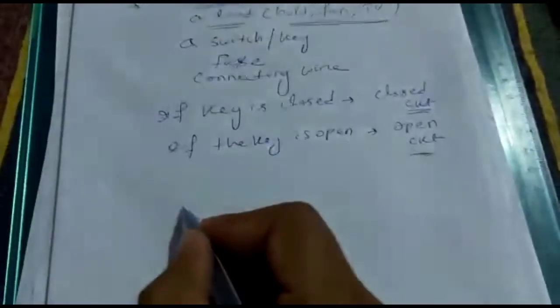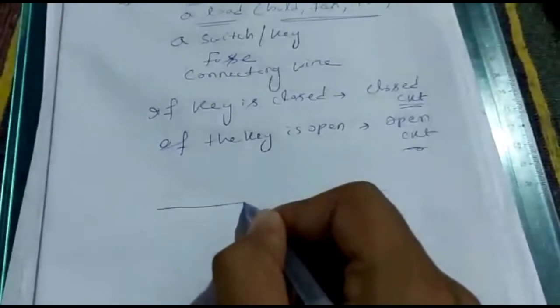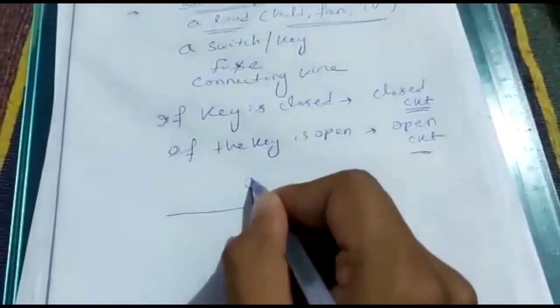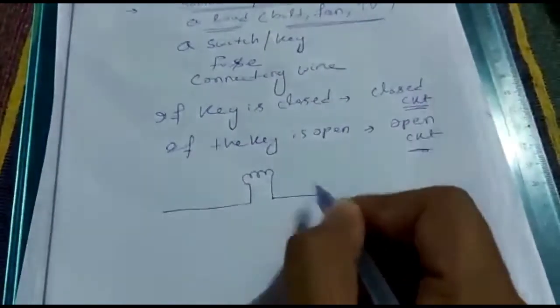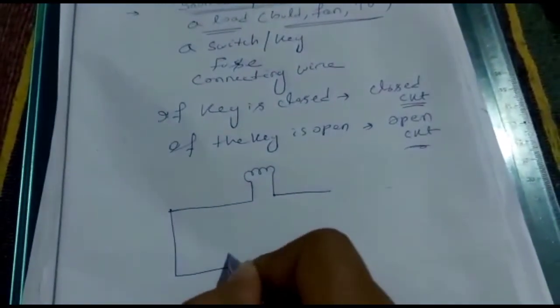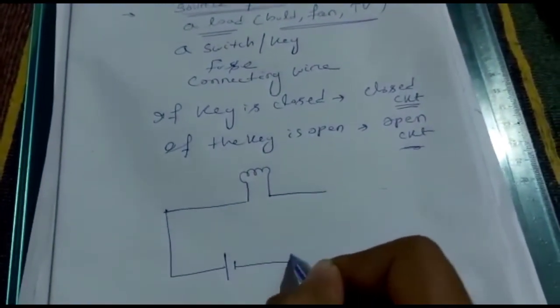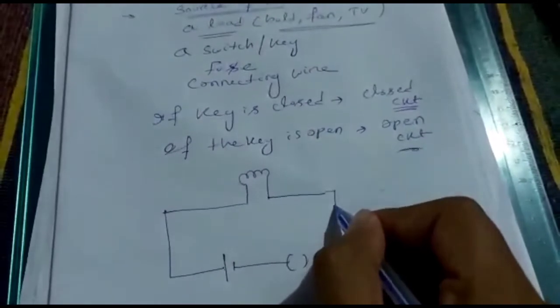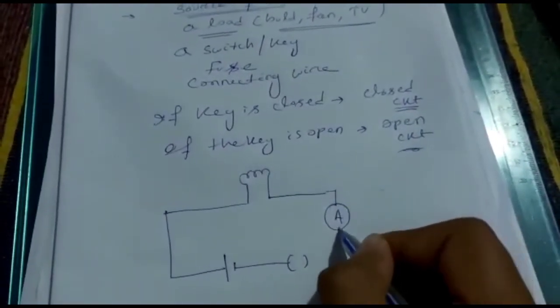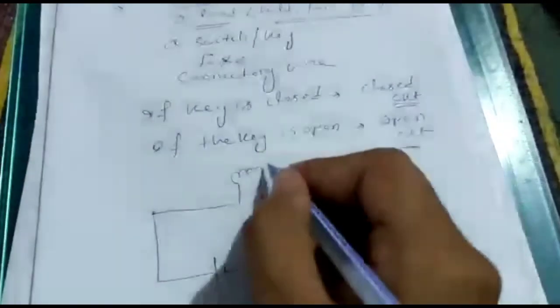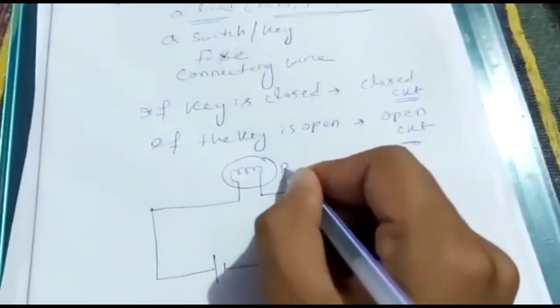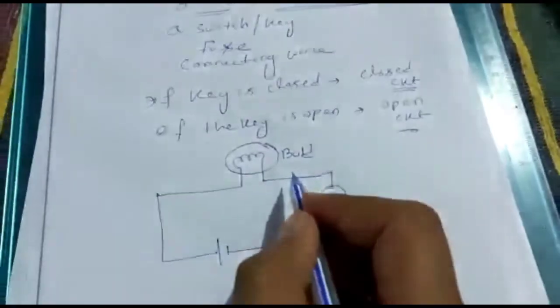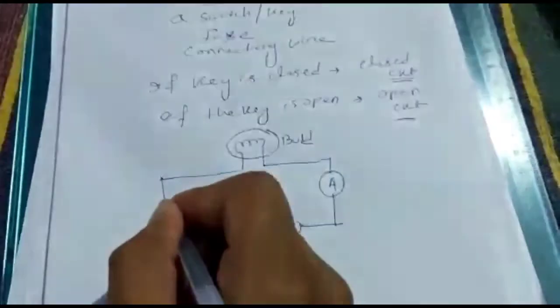Like this one diagram I am using. Suppose this one is the diagram. This one is the diagram. This is the symbol of bulb. This is the load, you can say, connected in the circuit.